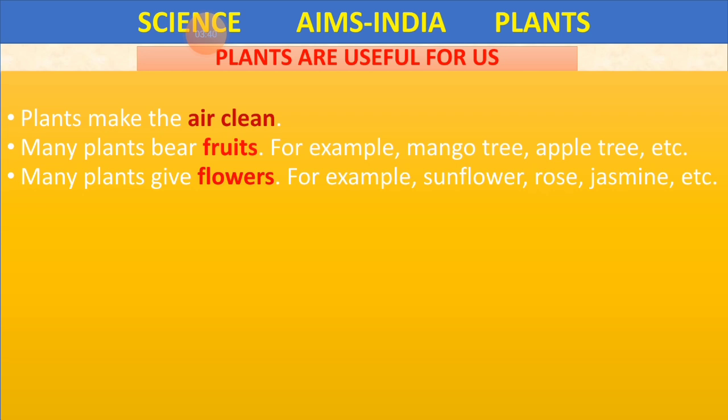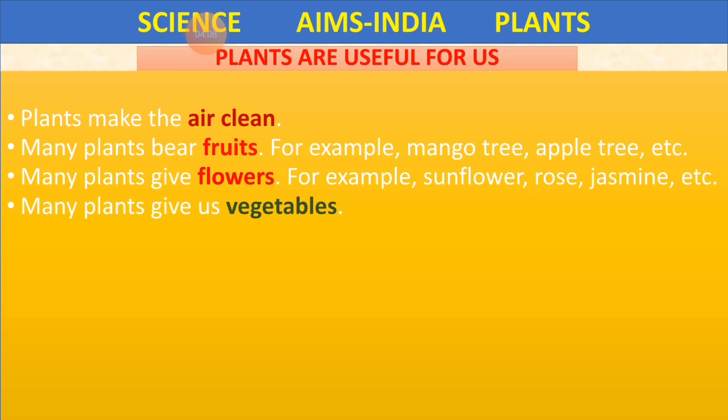Flowers are used for so many purposes. Like we get perfumes and oil. We can decorate happy occasions like weddings and birthdays. We also worship the gods with flowers, like sunflower, rose, jasmine, etc. We have so many flowers.